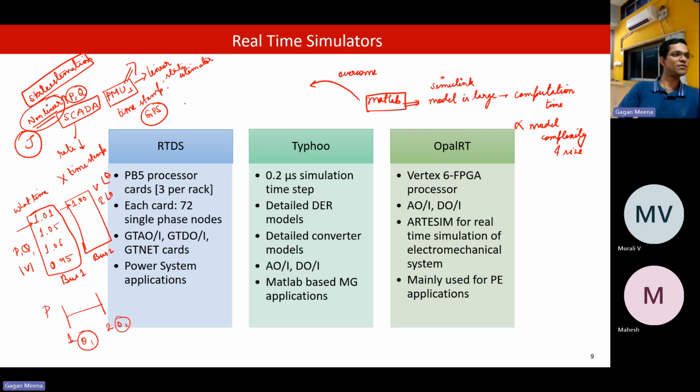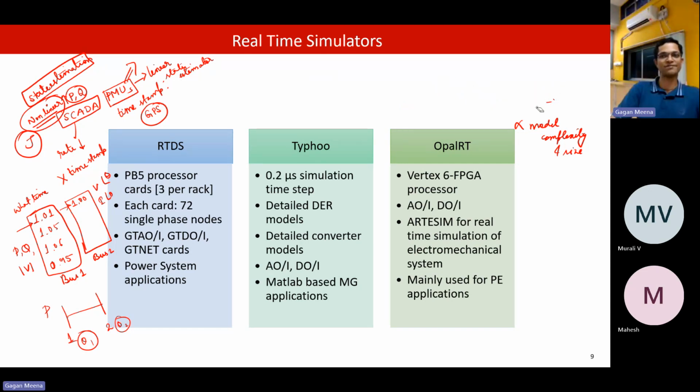So just as PMU is giving us a very quick snapshot of the power system, similarly when we want to control something, you would have heard of this term digital twin. Have you heard this term digital twin? Now it has become very popular.